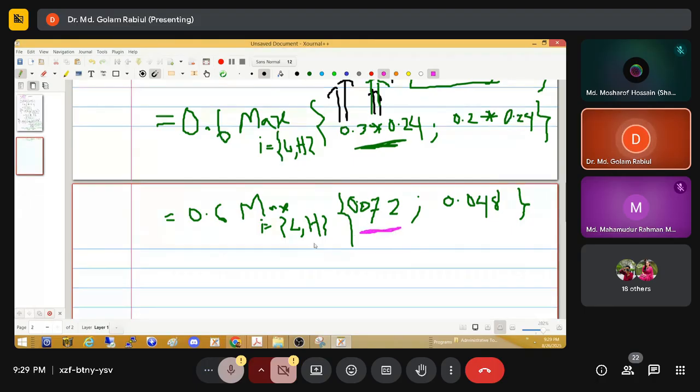Actually, this maximum is from I equal L. So that's why we have to note down that the maximum is 0.072, but we got the maximum from I equal L. So here is 0.6 times 0.072.